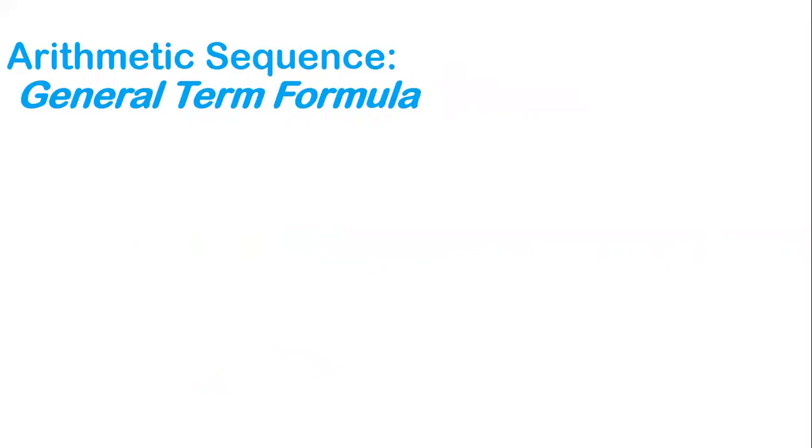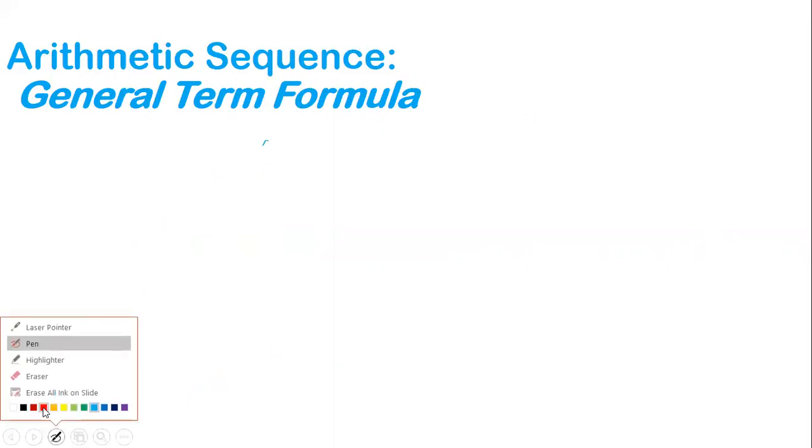So let's go ahead and try to derive a general term formula for an arithmetic sequence. So suppose we had a sequence such as -4, 0, 4, and 8. We're going to try to derive a general term formula.